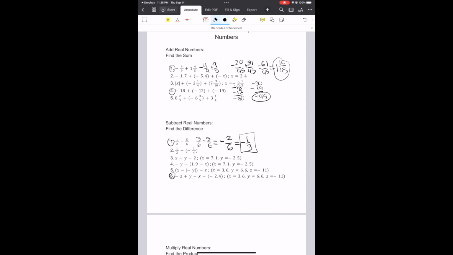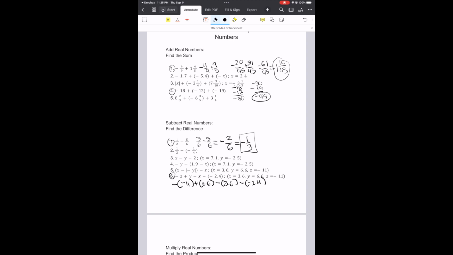So negative z, you do negative, z is negative 11, plus y, which is 6.6, minus x, which is 3.6, and then minus negative 2.4, my bad guys. So now you're going to want to simplify this further.